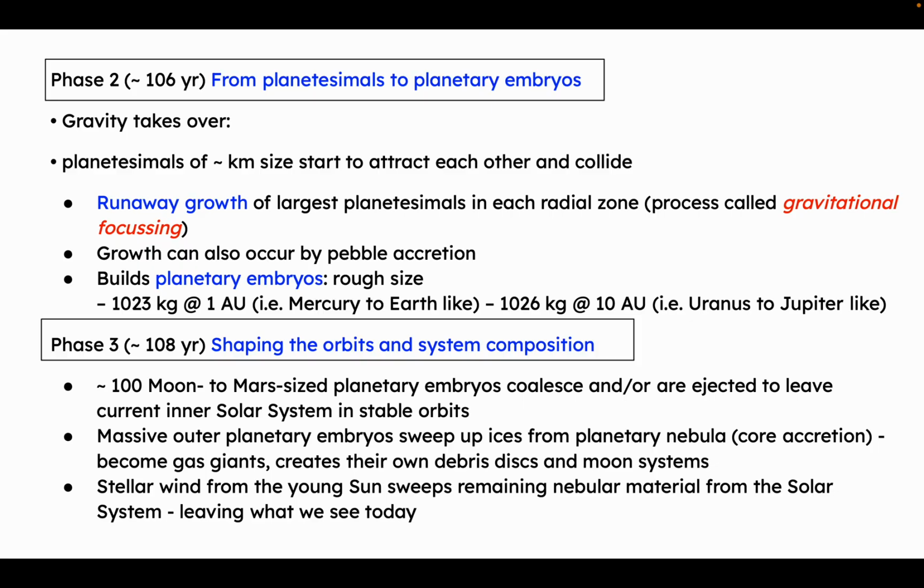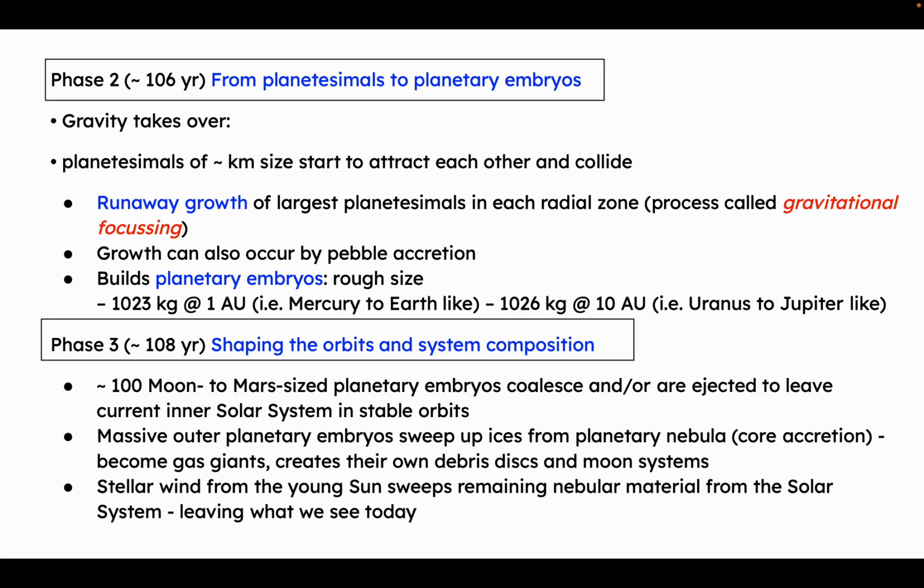In the second phase, the planetesimals form the planetary embryo. These planetary embryos are about 10 to the power 23 kg to 10 to the power 26 kg in mass and about 1 AU to 10 AU in size.